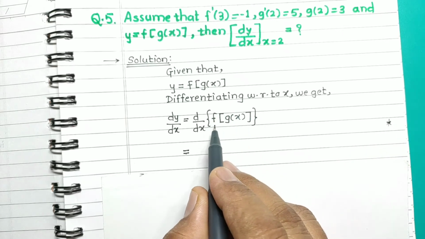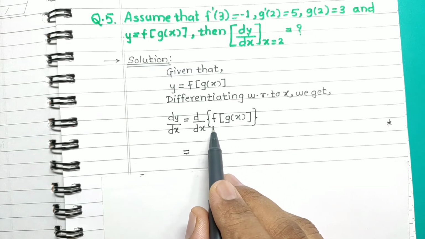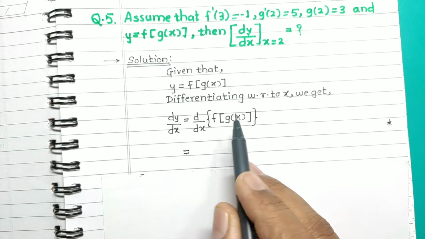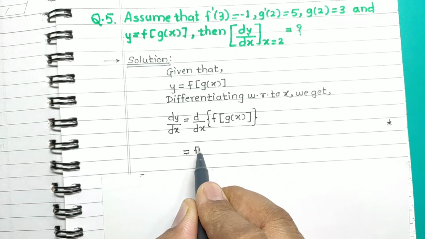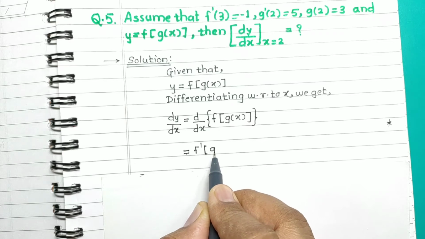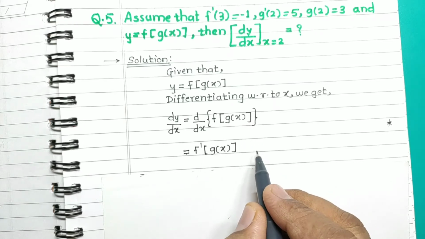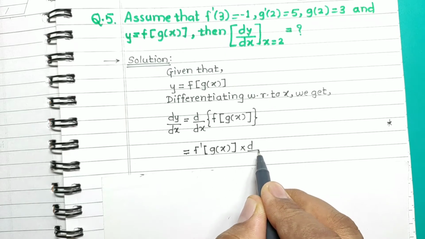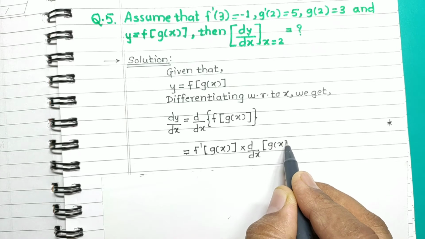We are going to use chain rule here. So for that, let's treat this function as f of something. So its derivative is f dash of something, and that something function is g of x. F dash of something into d by dx of something function, which is g of x.